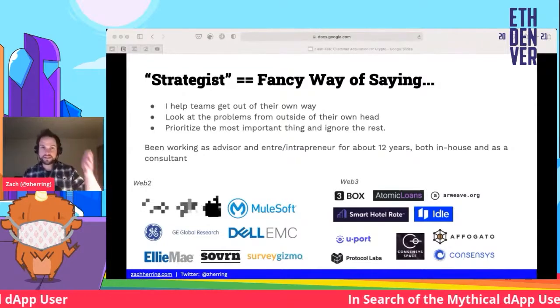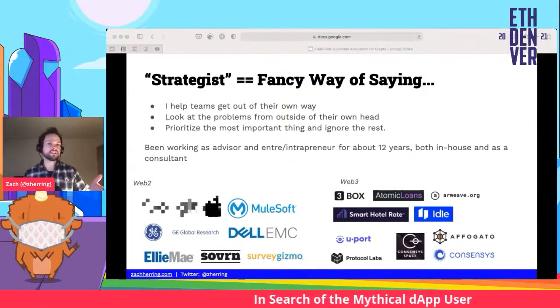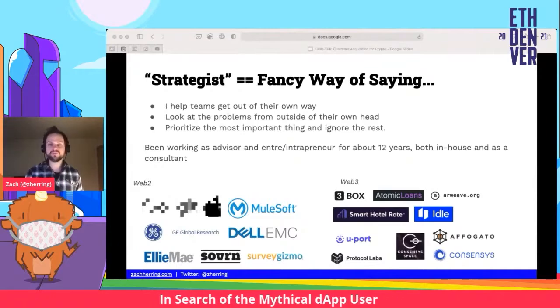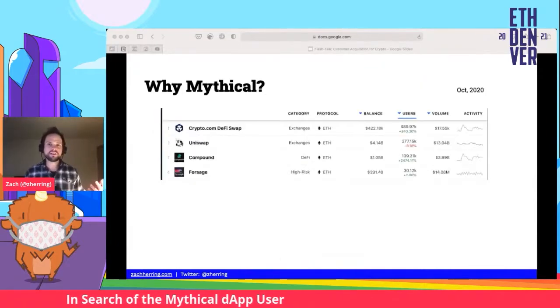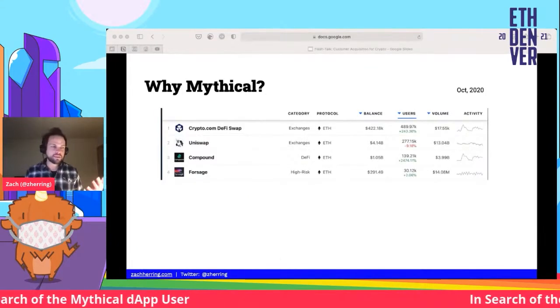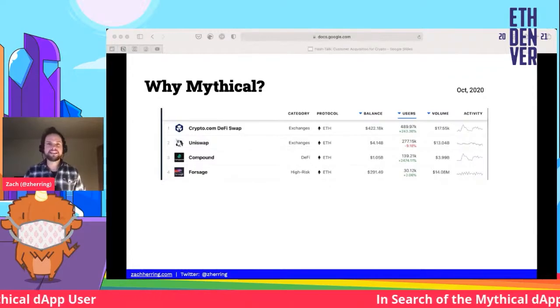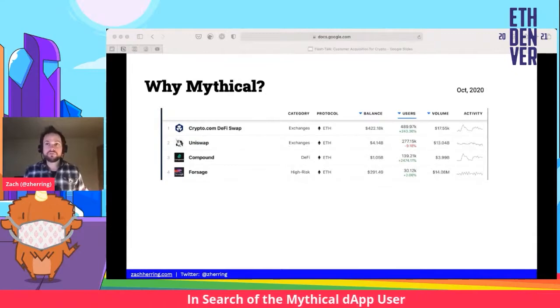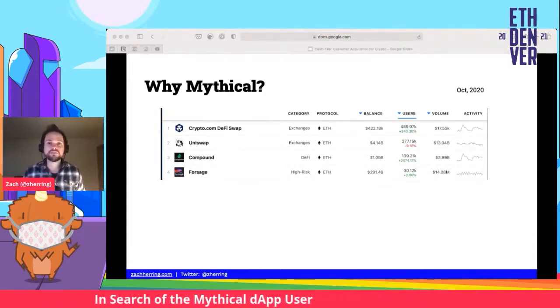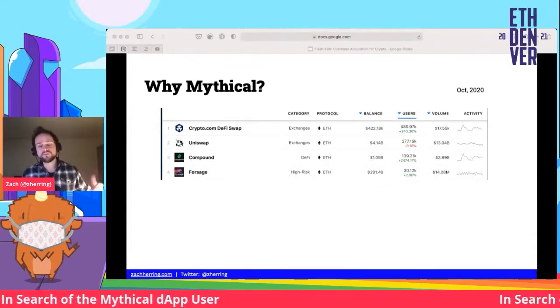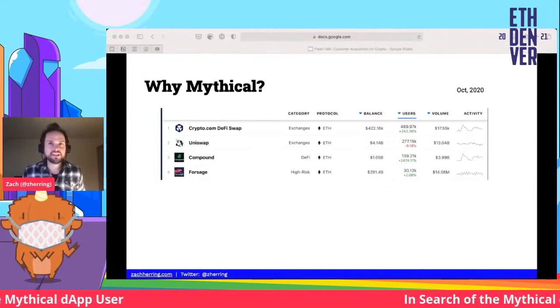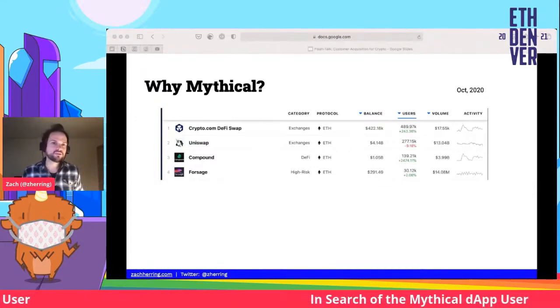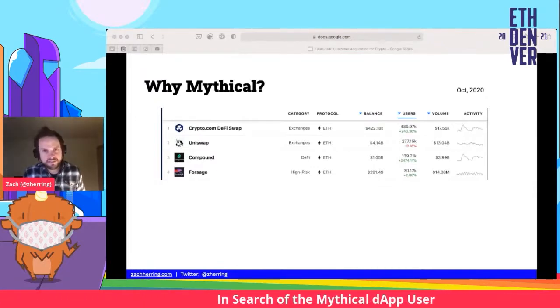And to answer Kent's great question, why are we even calling them mythical dApp users in the first place? We're calling them that because if you look at DappRadar and other traditional examples of how growth is measured, and how Web 2 apps are measured, the amount of users in the crypto space is still pretty nascent.